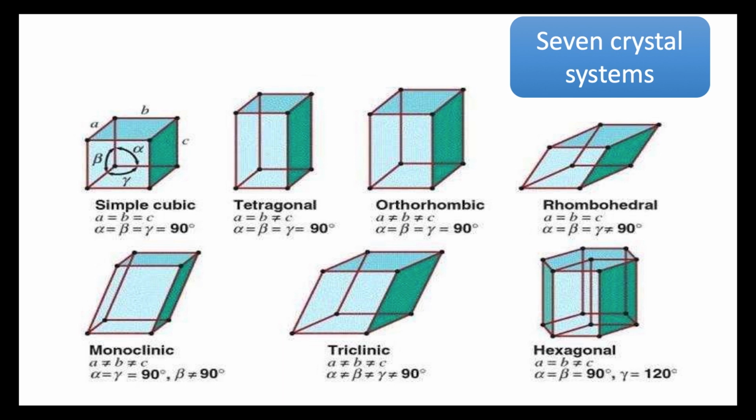Each crystal system is specified by the shape and symmetry of the unit cell. You can see that the crystal systems range from the highly symmetrical cubic system to the highly unsymmetrical triclinic system. These 7 crystal systems are called the 7 basic crystal systems.